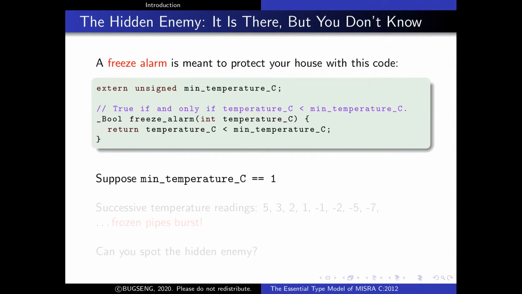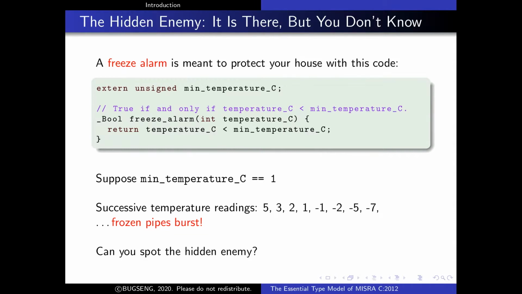And suppose that the minimum temperature in Celsius degree is 1. So the variable min temperature C is set to 1. And suppose that the successive temperature readings are 5, 3, 2, 1, -1, -2, -5, -7. And frozen pipes result and they may burst.